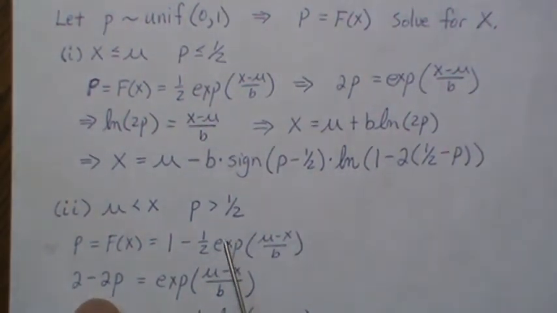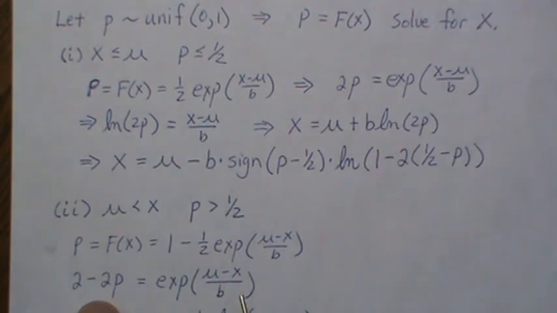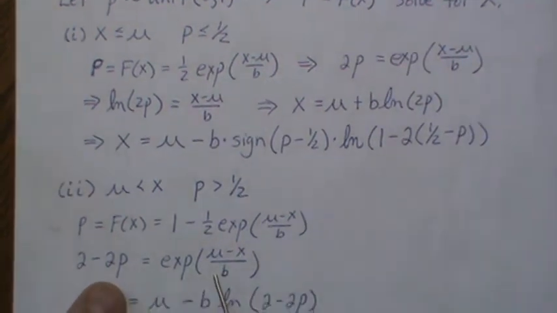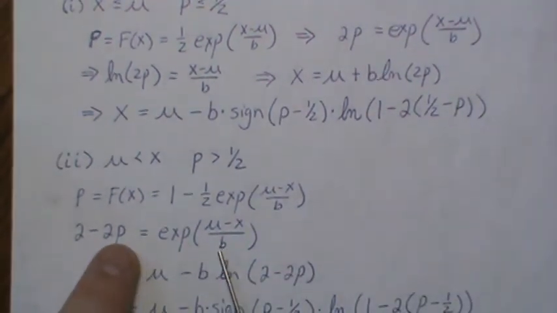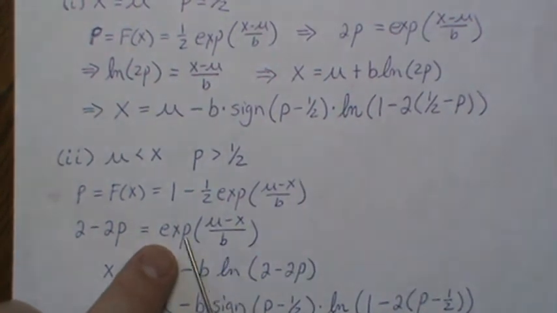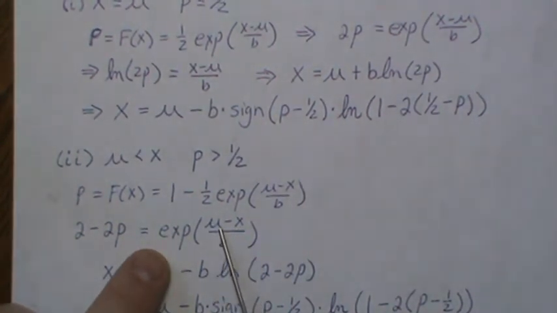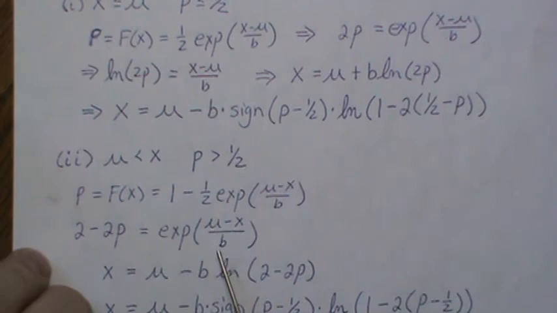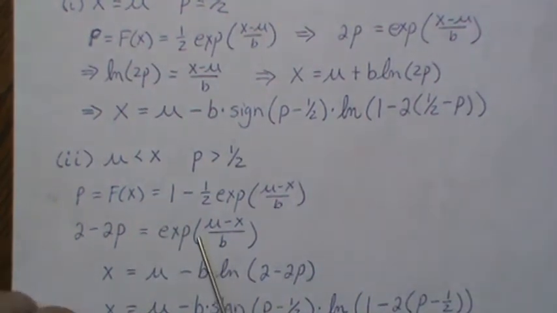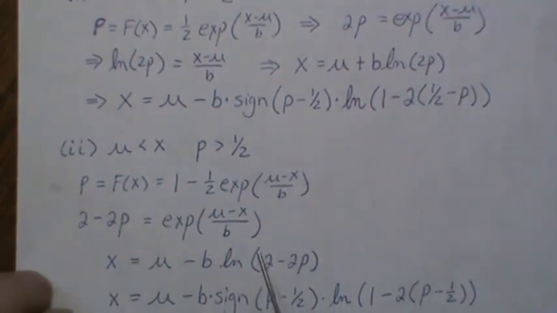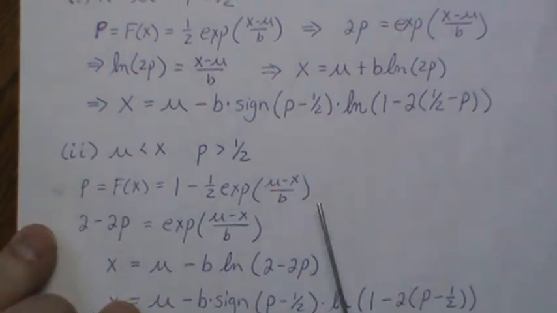I like to subtract the p over, and then multiply by 2 on both sides, and then we end up with this. Now we take the log of both sides, multiply by b, subtract mu, then multiply by -1, and you get this expression right here.